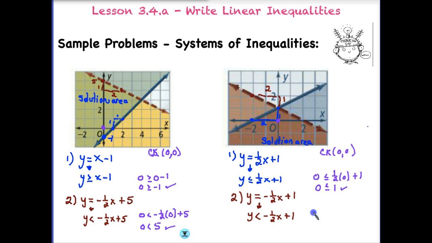In our bottom equation, I'll plug in my 0, 0, so I get 0 is less than negative 1/2 times 0 plus 1. This cancels, anything times 0 is 0, so 0 is less than 1, and that is true. So I know my equations are good.